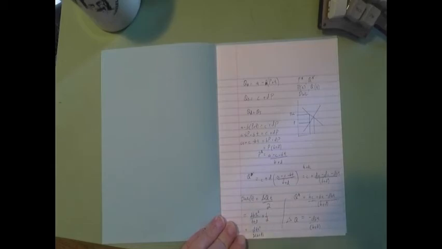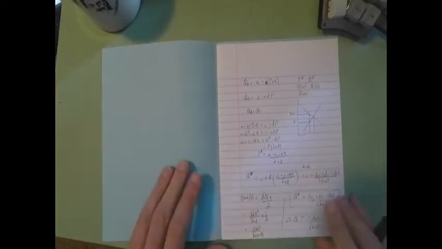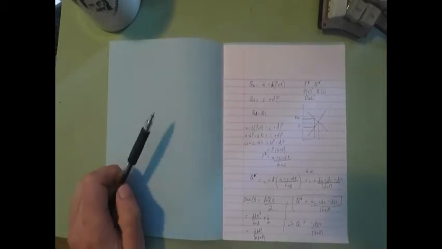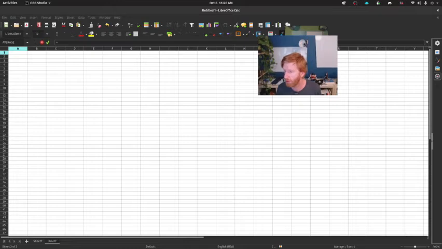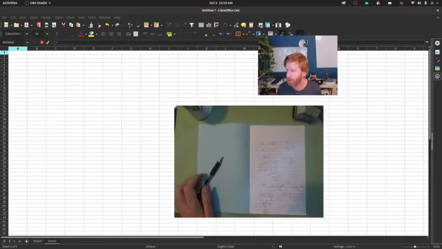So now we've got dead weight loss solved in general. We've got the change in quantity. We've got the quantity itself. And we've got the price, the relevant price. So let's go ahead and take this and switch to Excel.